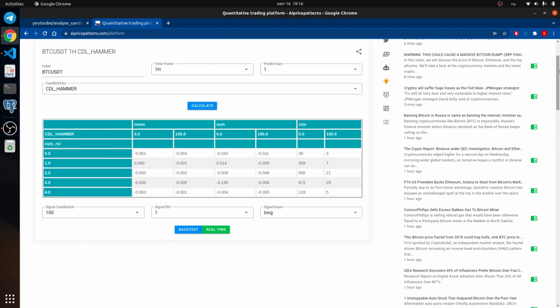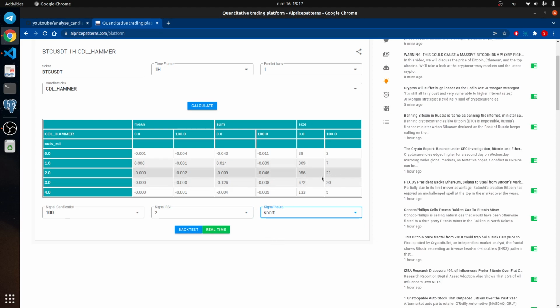Let's test these ideas. For example, let's test data when we have RCI 2 and candle hammer is 100. Let's analyze this data. We select 100 and let's select 2, and when we have a negative value we need to select short signal.